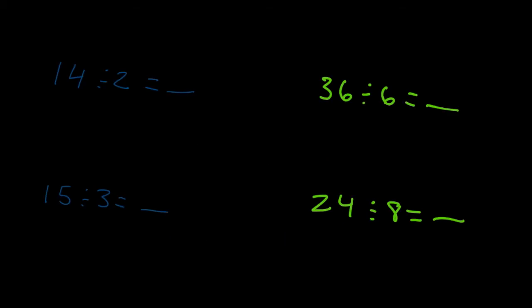Now let's move on to some more problems here. 14 divided by 2. Well, let's see. This blank number times 2 equals 14. That's what we're trying to do. Now, let's say you did not know your 7 facts, because this number would be 7.